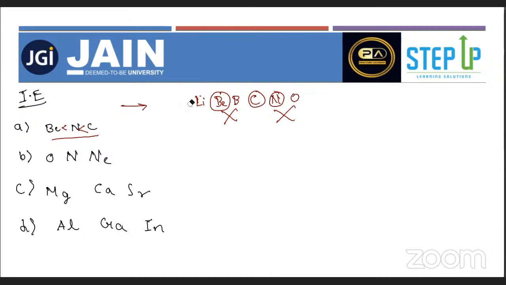Okay, next one. Beryllium, carbon, nitrogen. Yes, Dipesh has answered. Okay. Next one. Faster. More questions will help all of us. So next question.